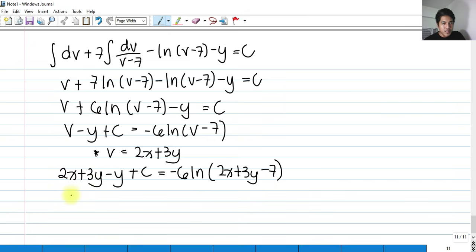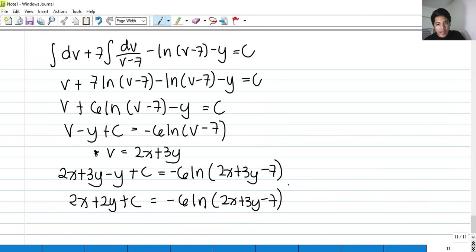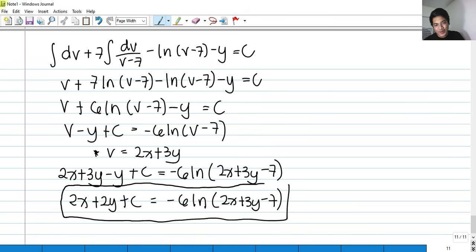So we can simplify this as 2x plus 2y plus c is equal to negative 6 ln of 2x plus 3y minus 7. And this is our solution for the differential equation given for our second example.